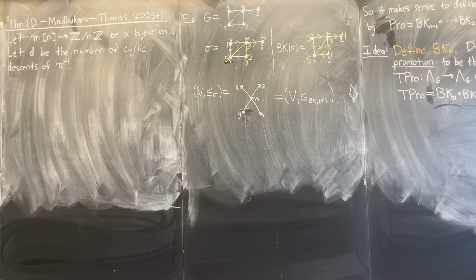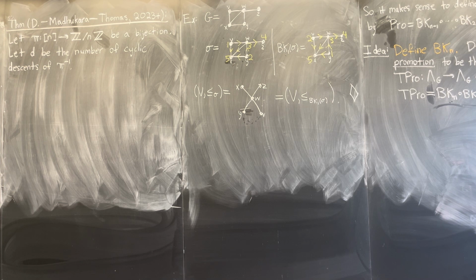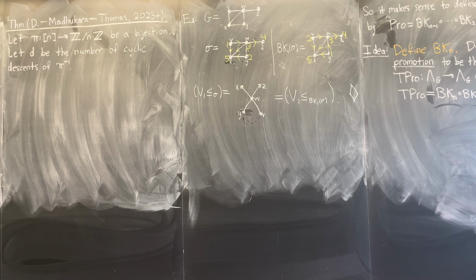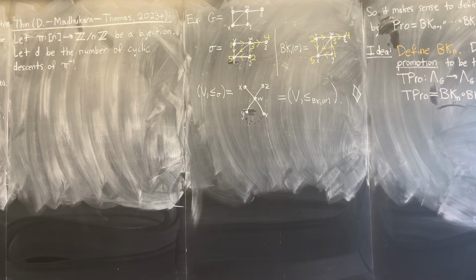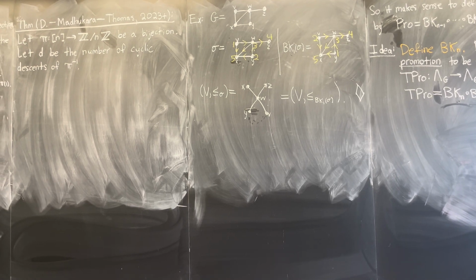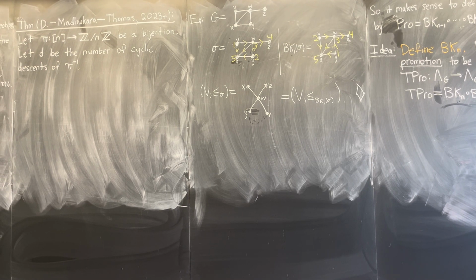If you take this bijection, you can get an acyclic orientation of the cycle graph from it. Think of this as being the cycle graph, and if you have two vertices that are adjacent in the cycle, you look at pi inverse of those two vertices and compare which one is bigger, and that gives you the direction that you should draw the arrow.